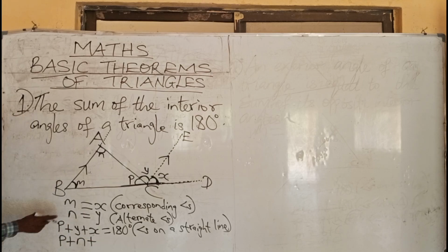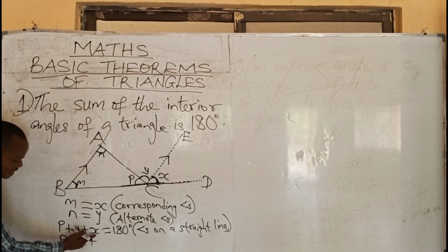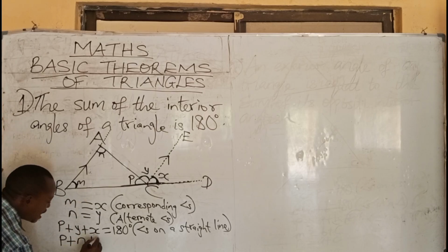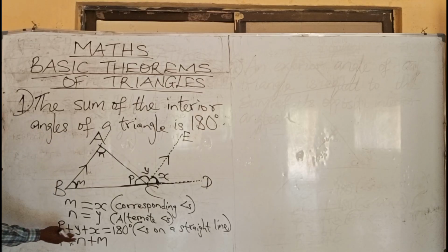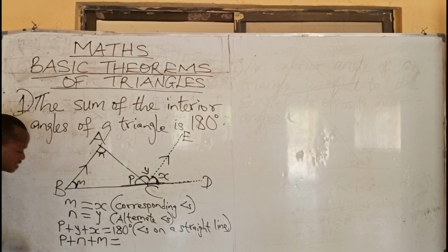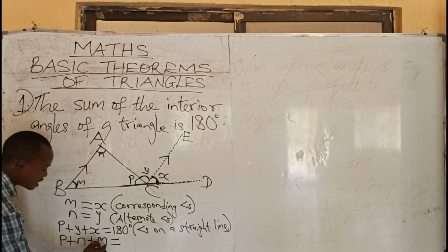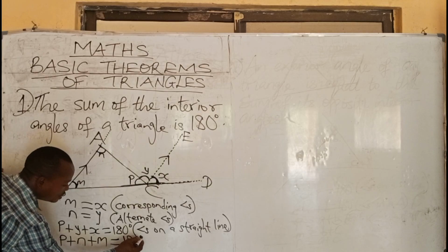The same way, X and M are equal, so I can replace the X here with this M. That becomes P plus N plus M. Since this is equal to this and this is equal to this, they are still the same thing. So P plus N plus M is also equal to 180 degrees.